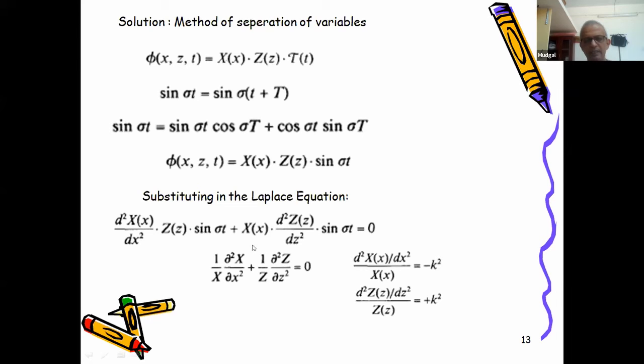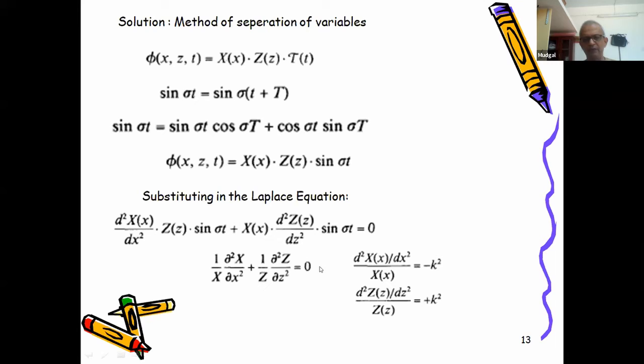You can divide by phi and get 1 over X del square X by del x square plus 1 over Z del square Z by del z square is equal to 0.